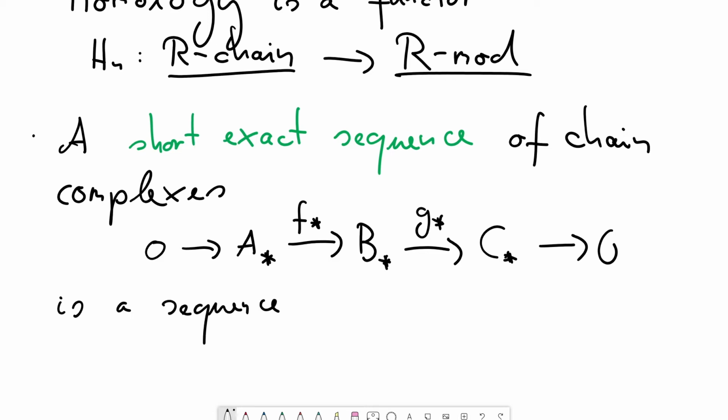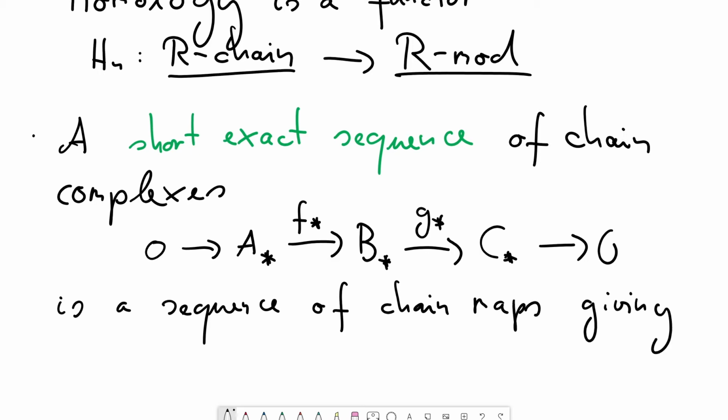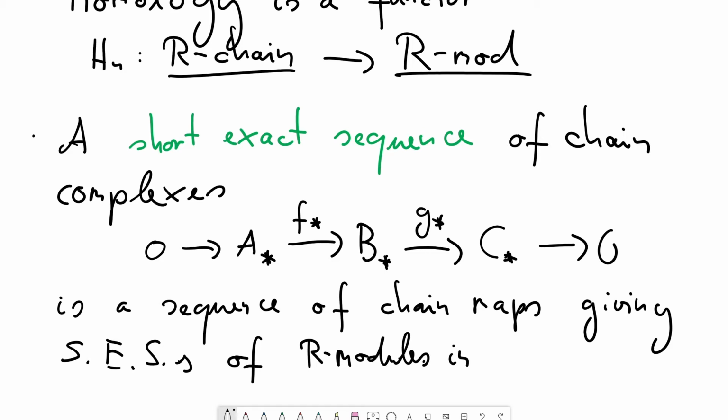So a short exact sequence of chain complexes is a sequence of chain maps like F star and G star giving short exact sequences of R modules in each degree.